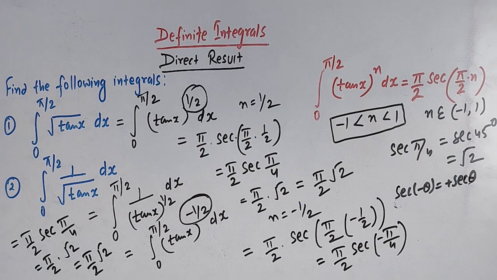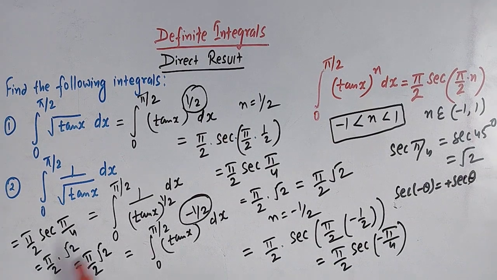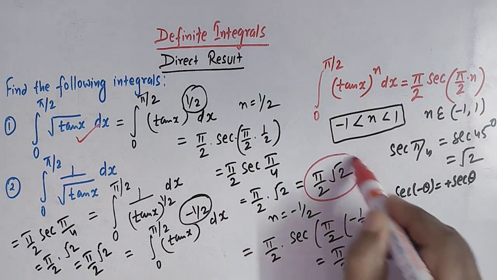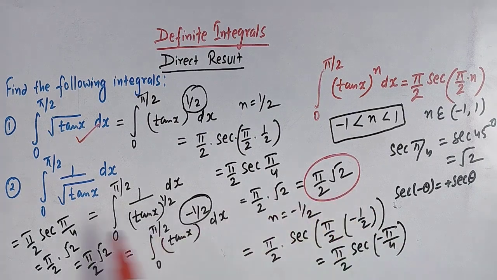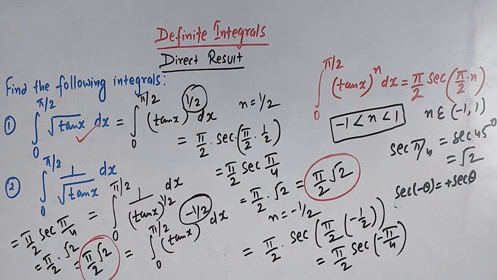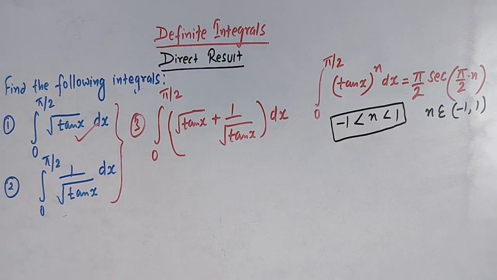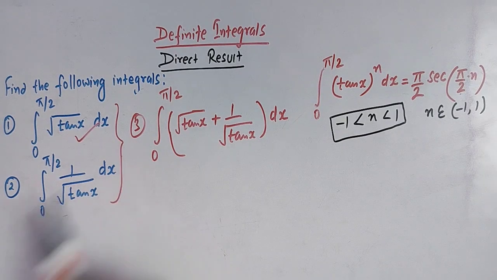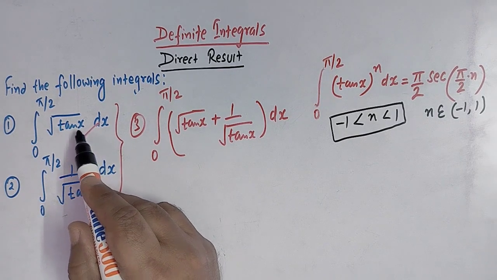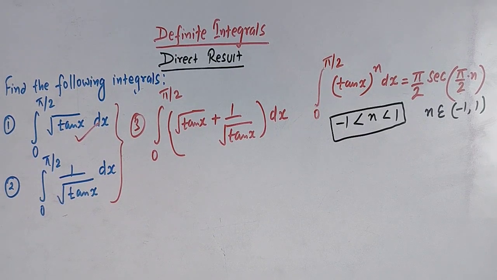So viewers, from this discussion we have seen that the value of this integral is pi by 2 times square root of 2, and the value of this integral is also equal to pi by 2 times square root of 2. Now let us see this third integral, which is the combination of these two integrals.